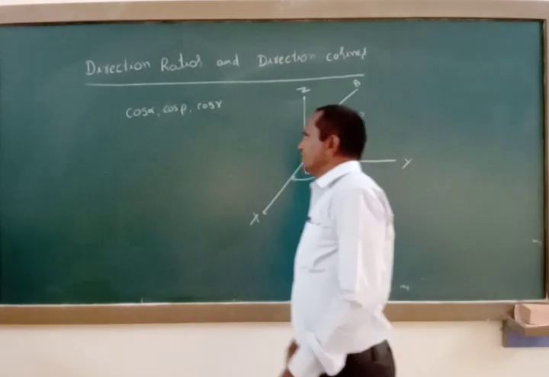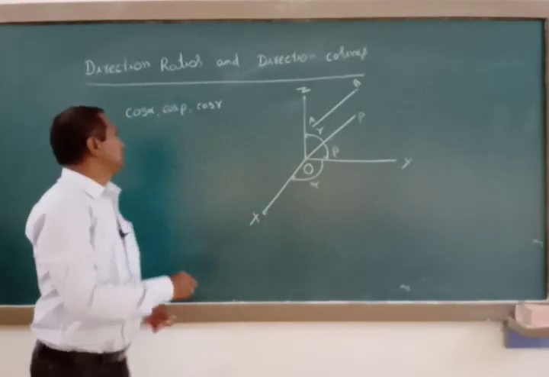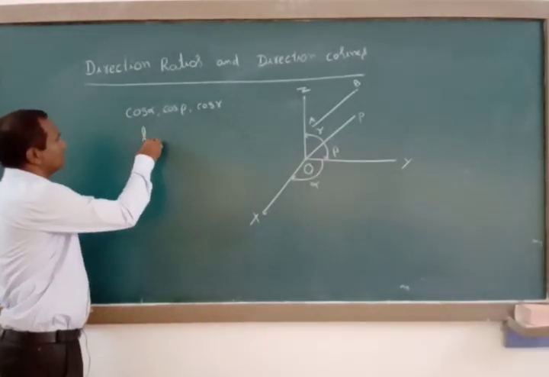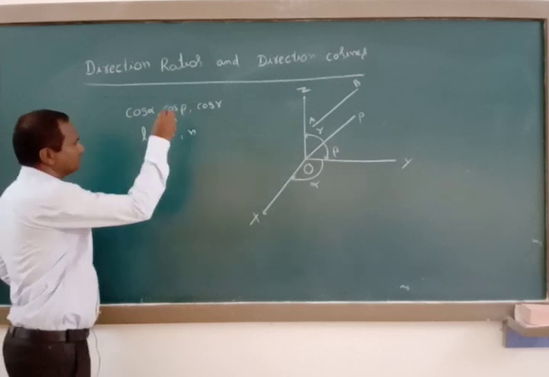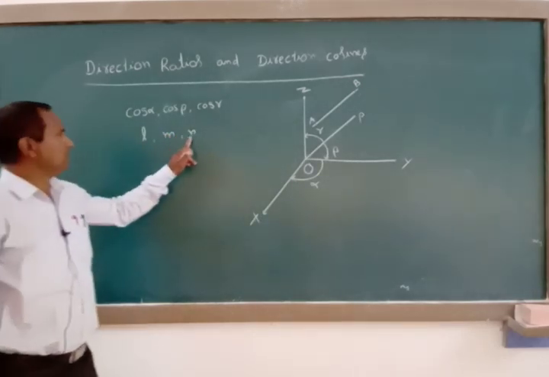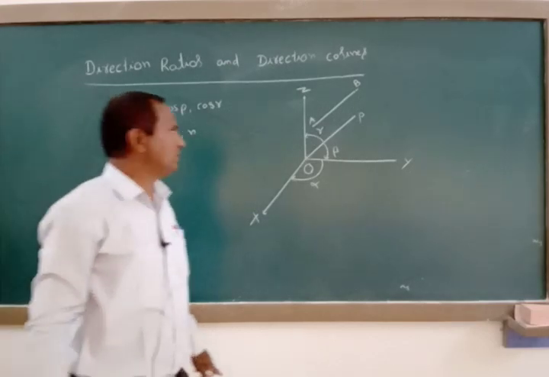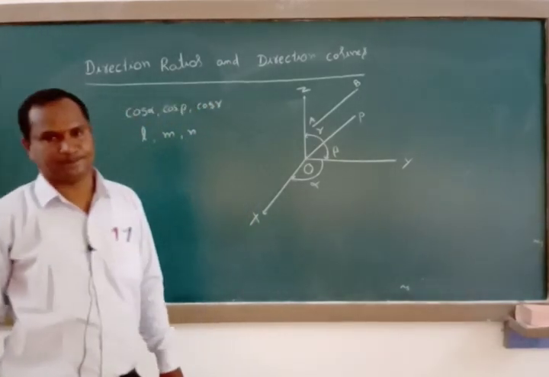We denote them by the letters L, M, N. So L, M and N are the direction cosines of the line segment AB.